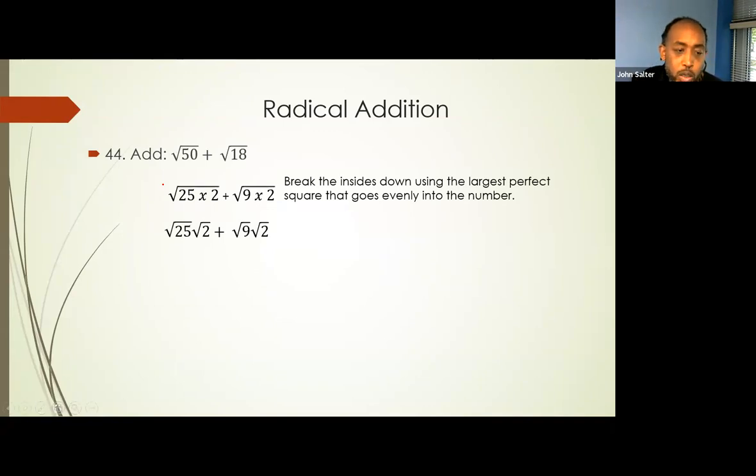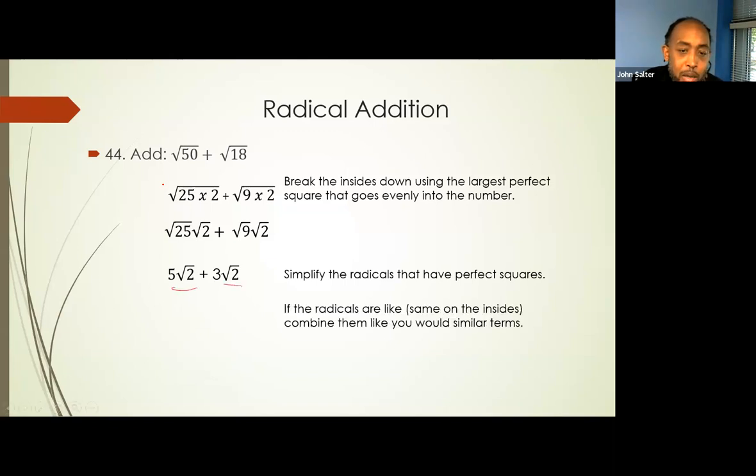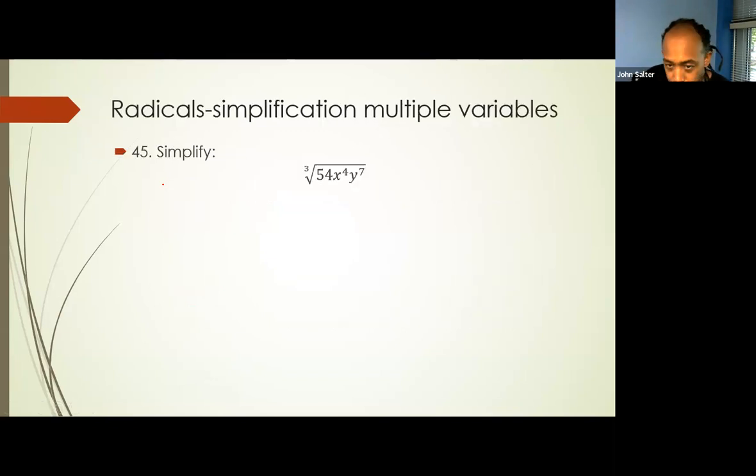Some of those are perfect squares. So when I identify that and I do the math, I get 5 square root of 2 plus 3 square root of 2. Now I have identical radicals. Now I can add and combine. 5 of those things plus 3 of those things gives me 8 of those things.